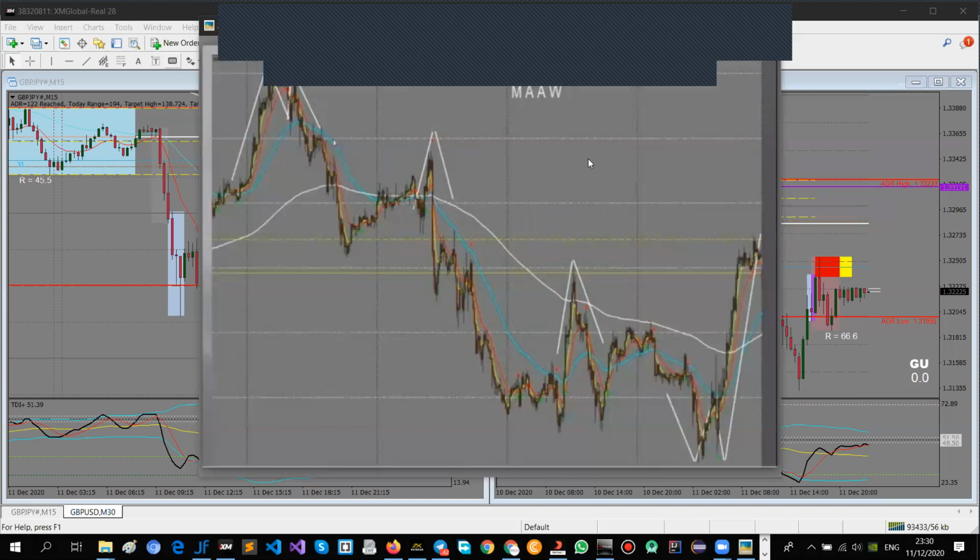So what do we see here? This usually just shapes out the market maker structure of the MAAW and the WVVM, meaning for MAAW a downtrend and for WVVM an uptrend.